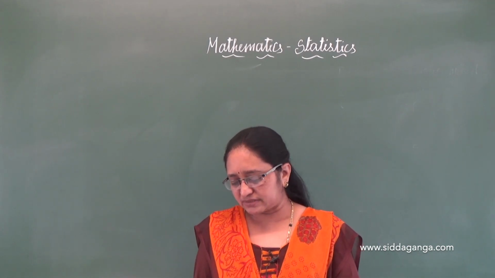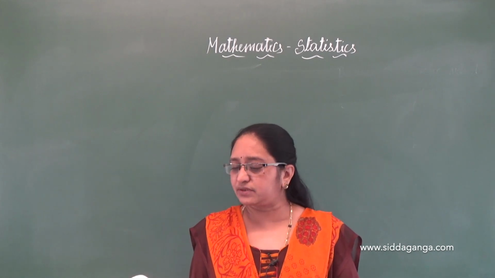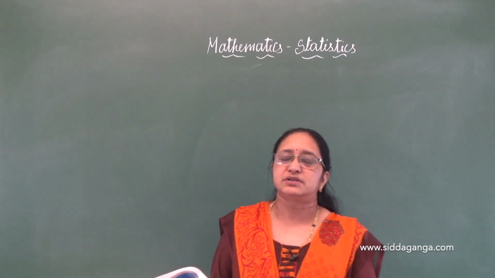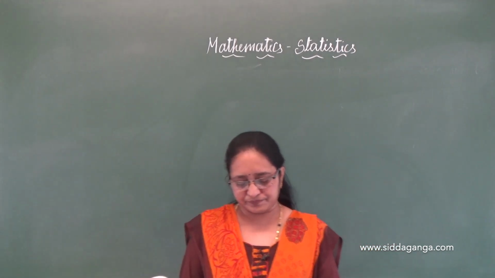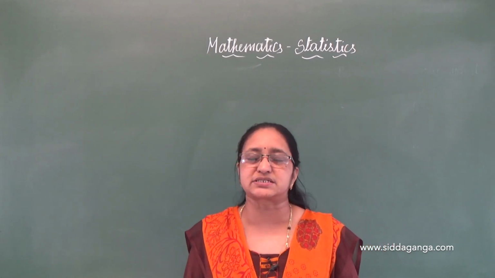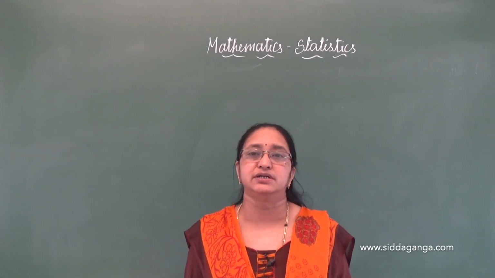Number of children: 7, 6, 9, 13, F, 5 and 4. You have to find the missing frequency, and the mean pocket allowance is rupees 18. Please underline that.